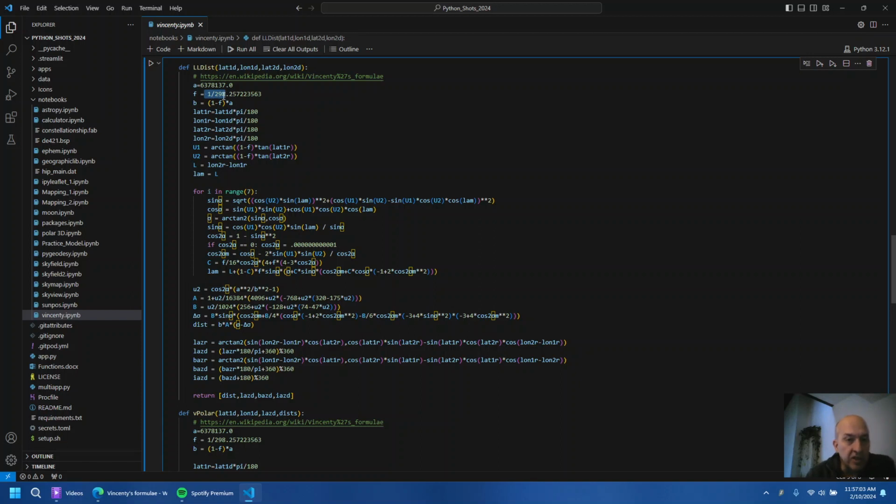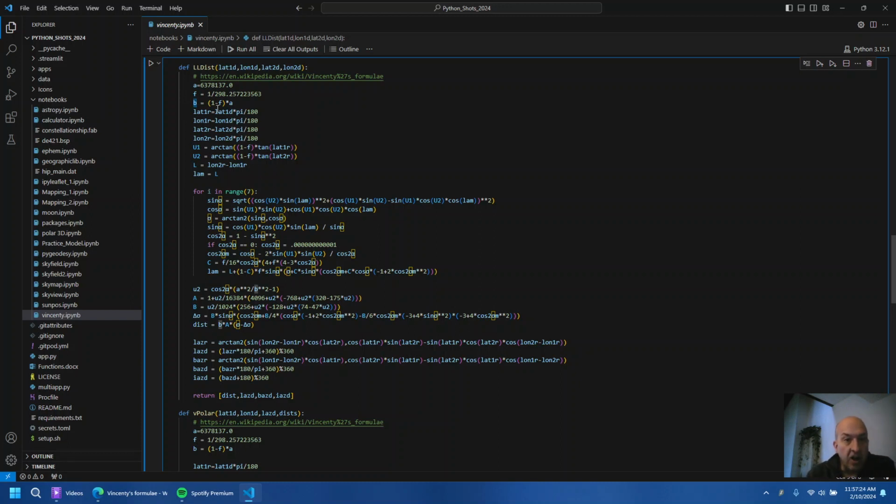So it's a little bit shorter to the poles than it is to the equator. So we have these. A is the equator radius. F is the flattening that we get from the Earth, because it's a little squattier than it is wide. And then B is the polar radius.